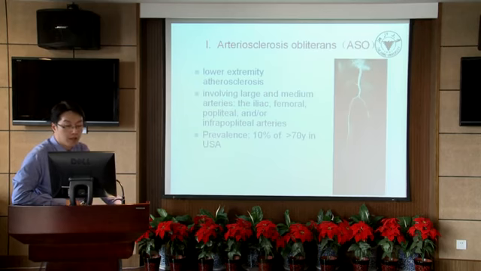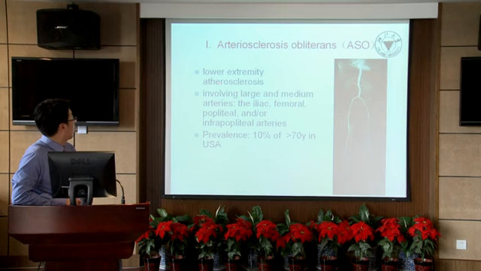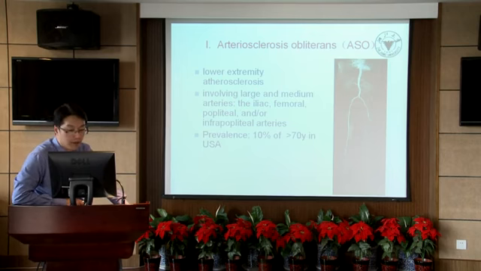The first is atherosclerosis obliterans, ASO. It is common in lower extremity atherosclerosis. The ASO involves large and medium arteries, including the iliac, femoral, popliteal, and or infrapopliteal arteries.